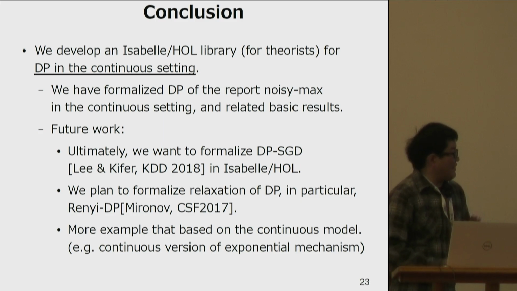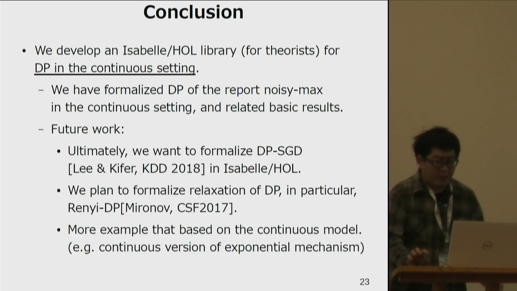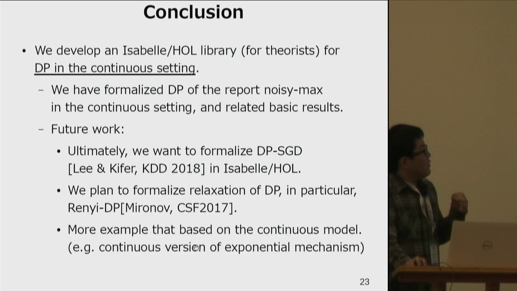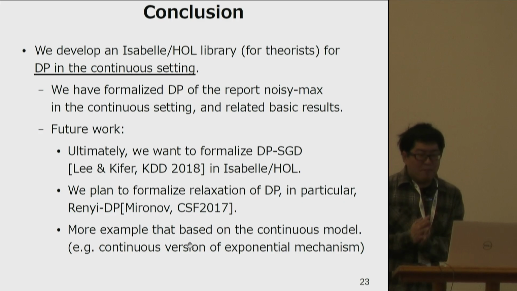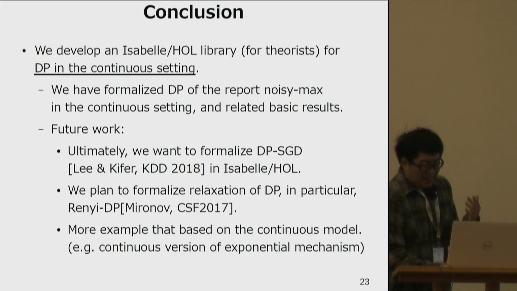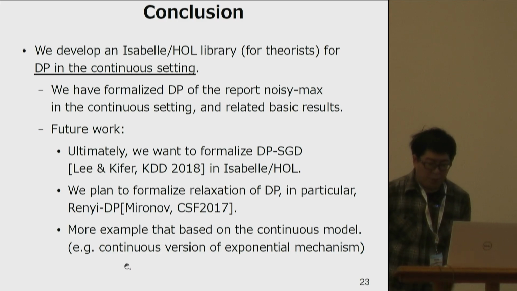For the technical basis of Renyi differential privacy, we want to formalize the F divergence. I also want more examples based on the continuous model, for example, a continuous version of the exponential mechanism.